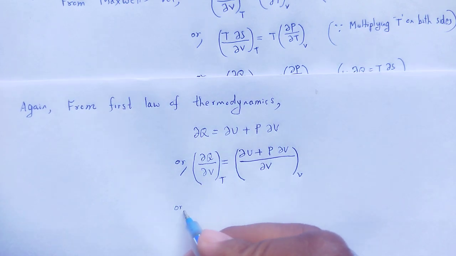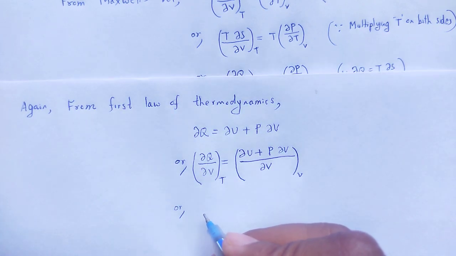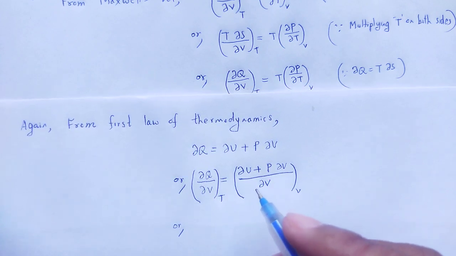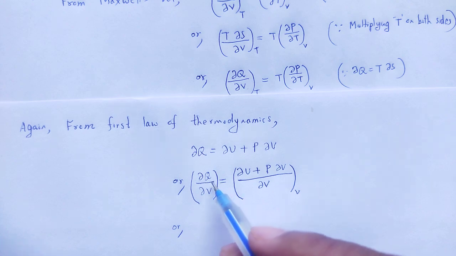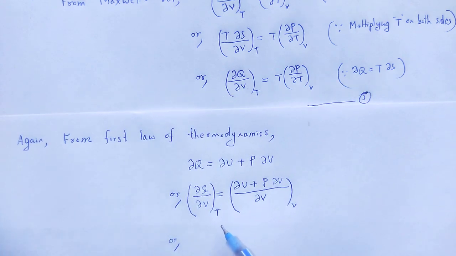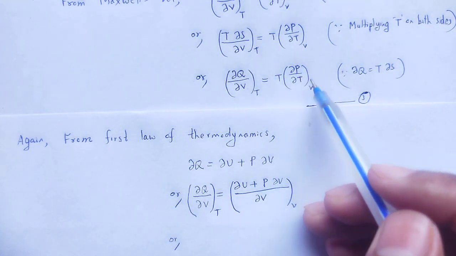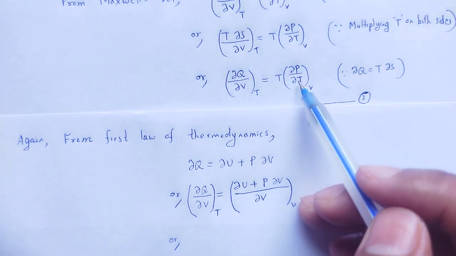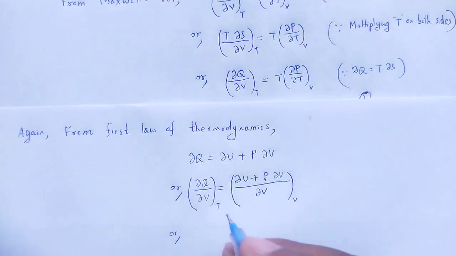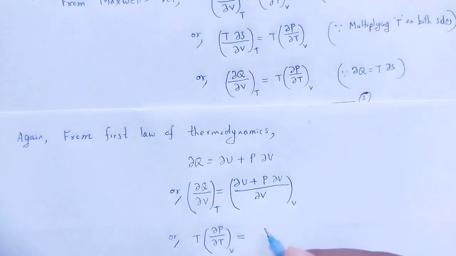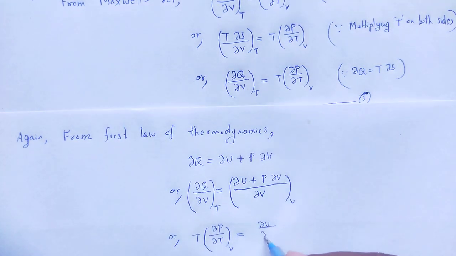Okay, therefore ∂Q/∂V at constant temperature, that is the expression for T ∂P/∂T at constant volume, is equal to ∂U/∂V.